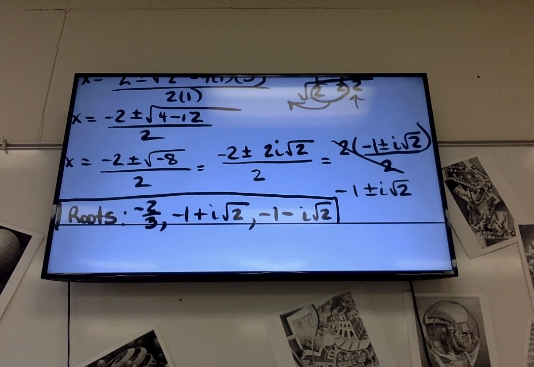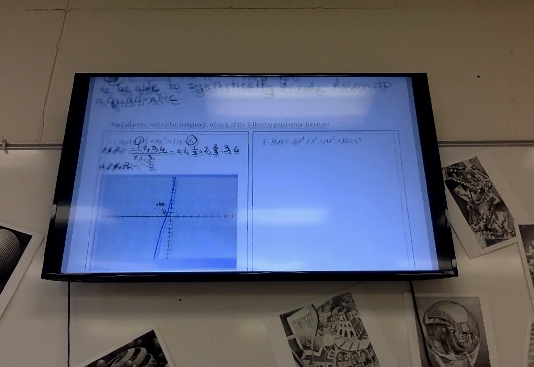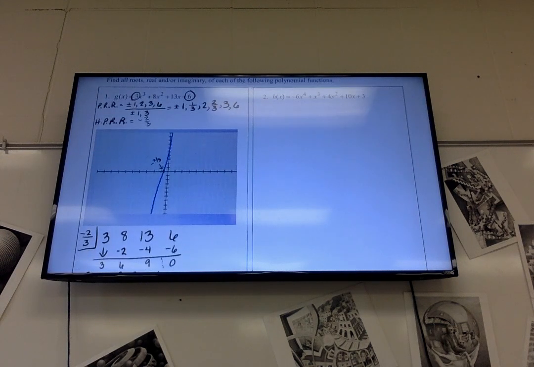Basically start by putting your P's over your Q's. Put them side by side so you can kind of see.